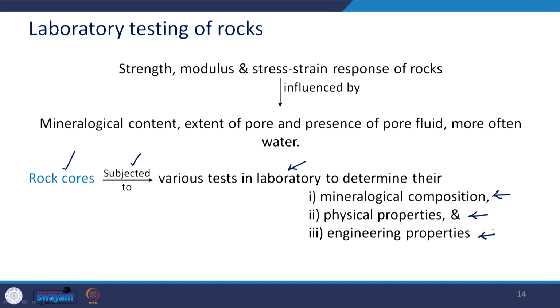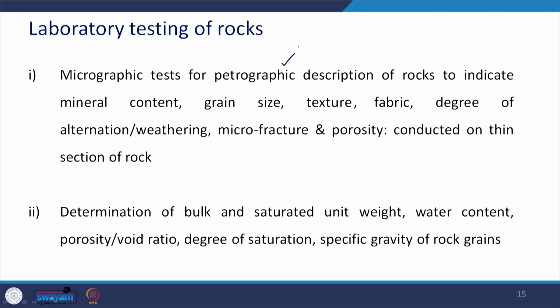Let us try to take a look. For the mineralogical studies, we carry out micrographic tests for petrographic description of rocks to indicate their mineral content, grain size, texture, fabric, degree of weathering and porosity.